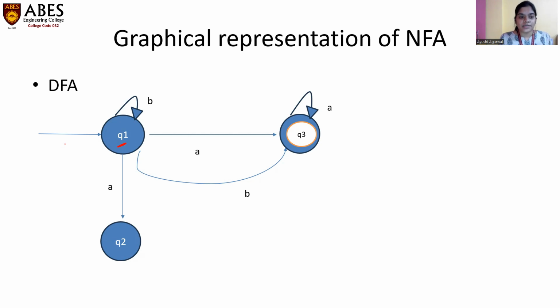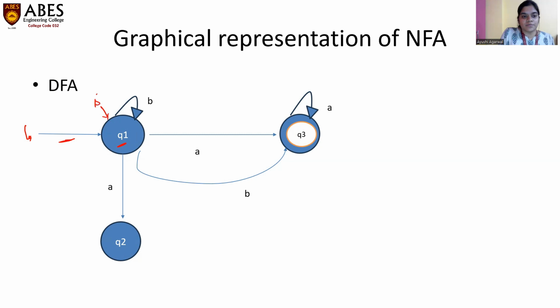Why are we calling it an empty arrow? Because it is coming from nowhere. That is why we state that this arrow is an empty arrow and it denotes the start state. That is how we identify that this Q1 state is the start state or initial state.